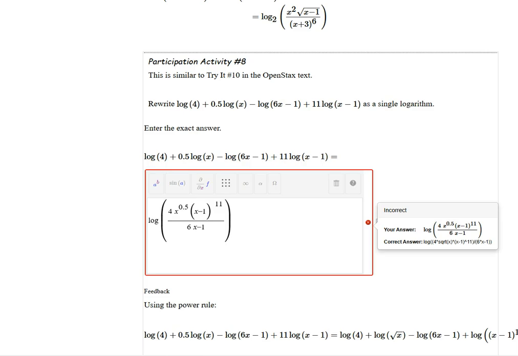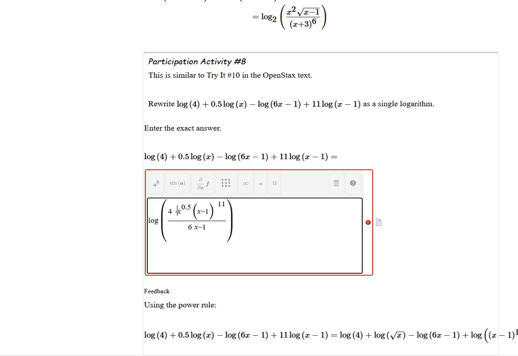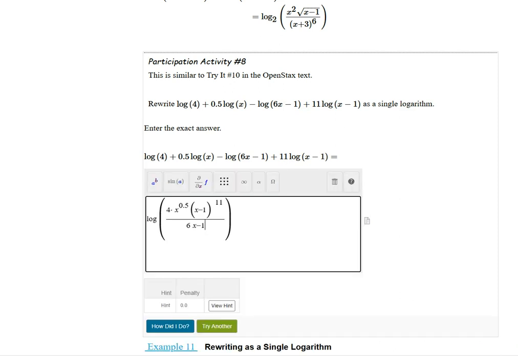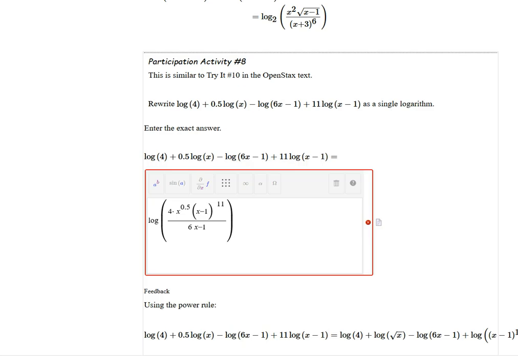Okay, let's see if the problem is that I don't have a multiplication sign here. Is that the problem? Put a multiplication sign. Type an exact answer.